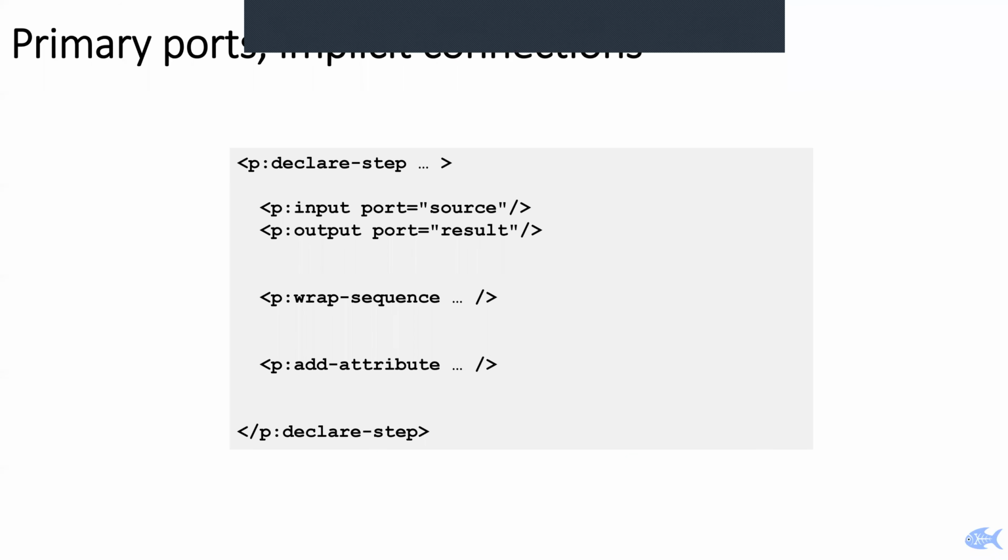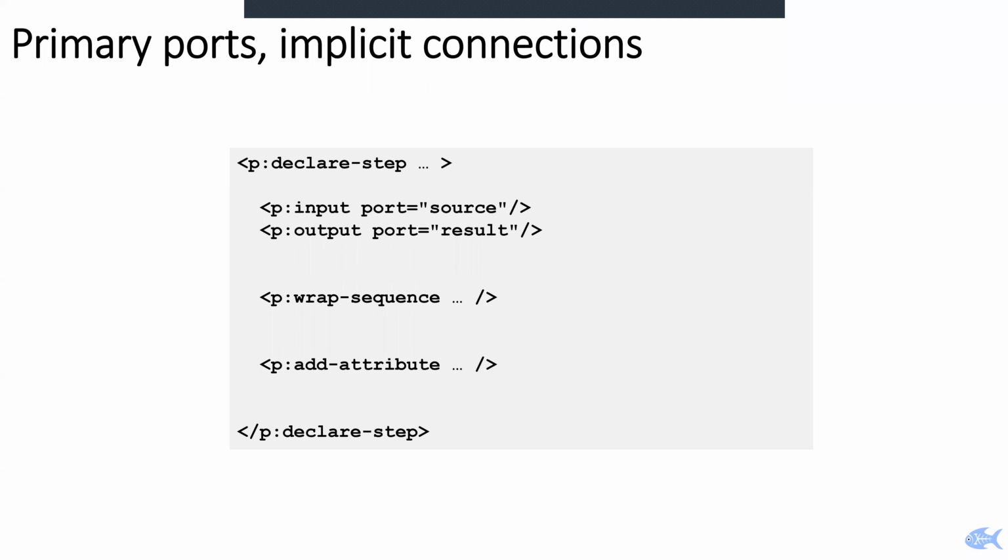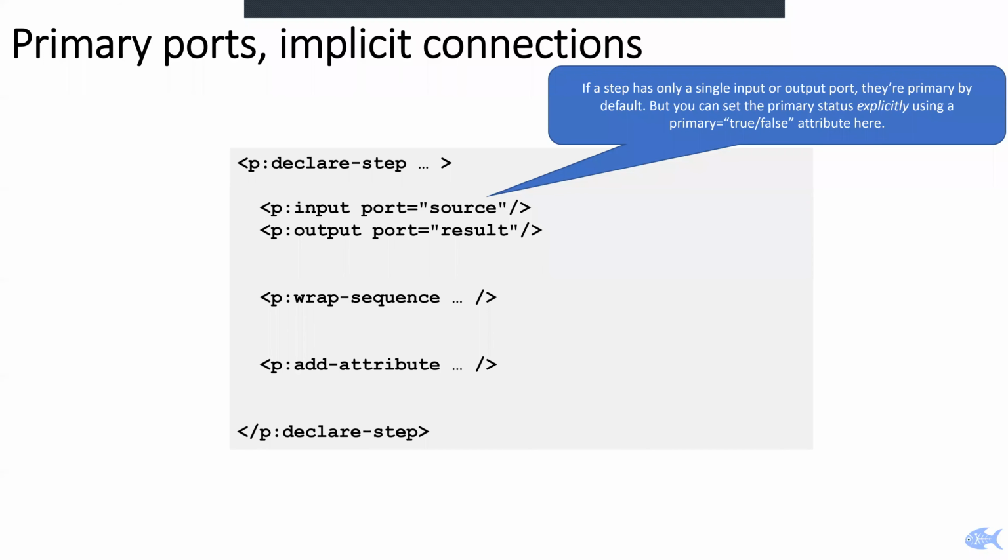And it does even more. Here's the skeleton of our little pipeline that we saw a minute ago. And what happens because of the primary ports is this. First, if a step has one input port and one output port, they're automatically primary. If not, or you want to set them explicitly, then you have a primary attribute you can use there. If an input port is primary, then what flows in there automatically flows into the first step of your pipeline.